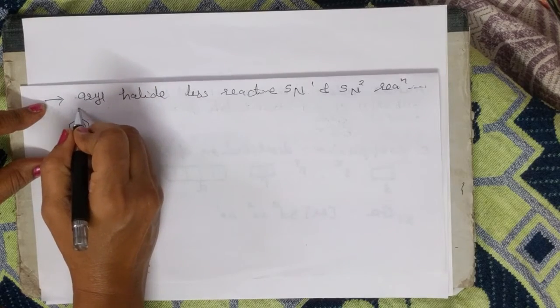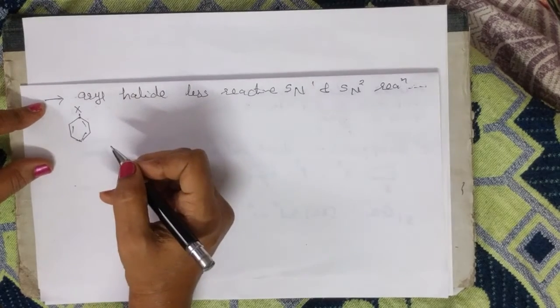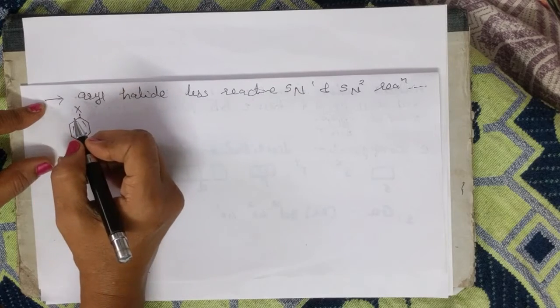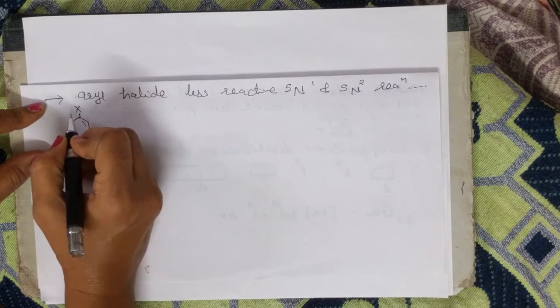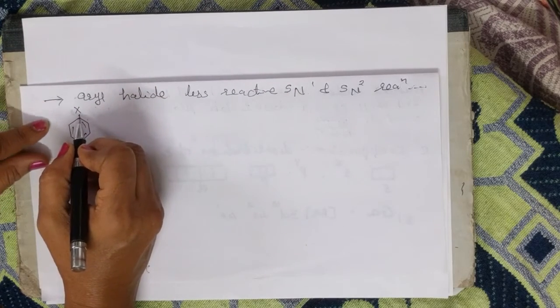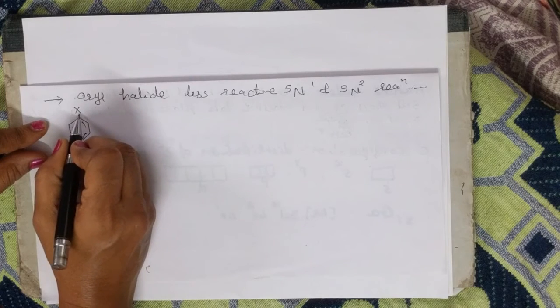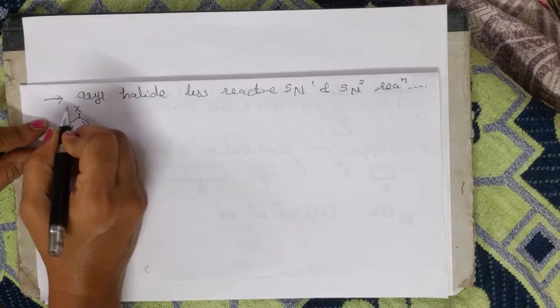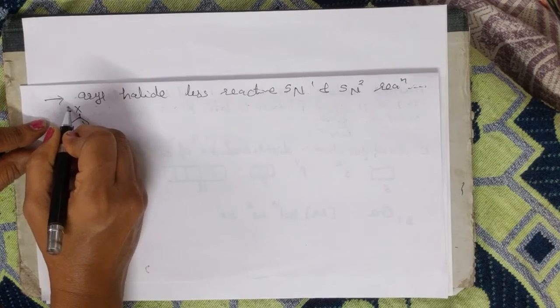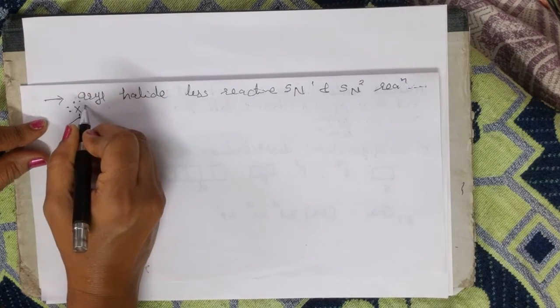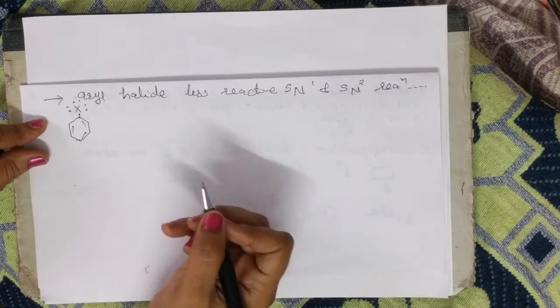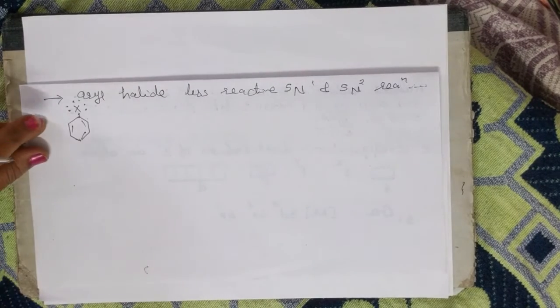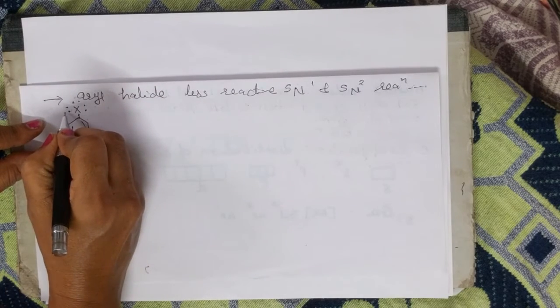Here we'll take it as X. Now you know the number of electrons in the X group is 7, and out of 7, one electron is paired with this carbon. 6 electrons are unpaired, so the halogen has a total of 3 unpaired electron pairs.